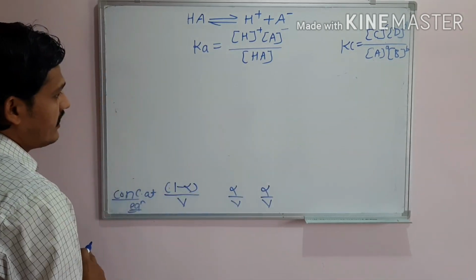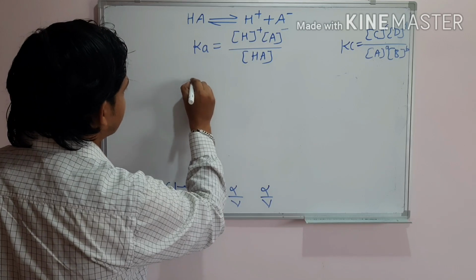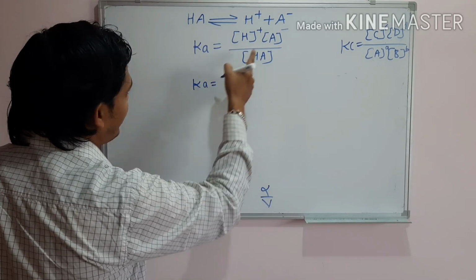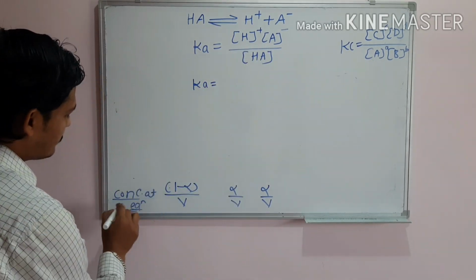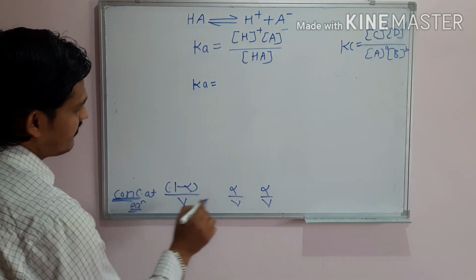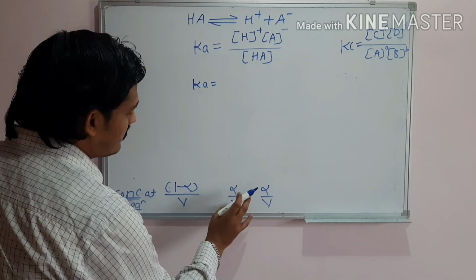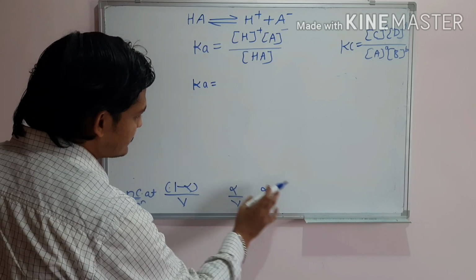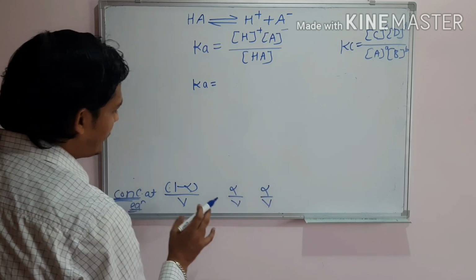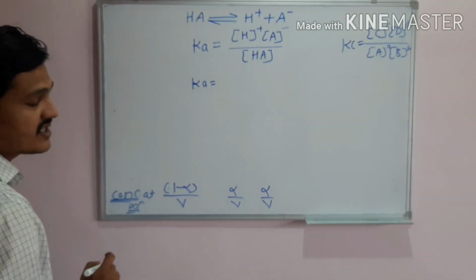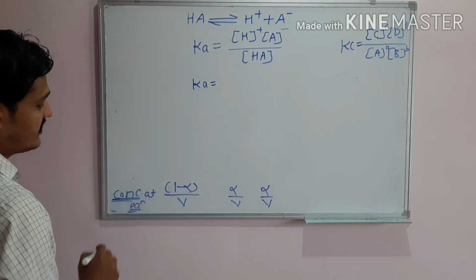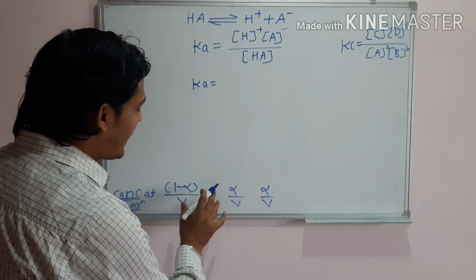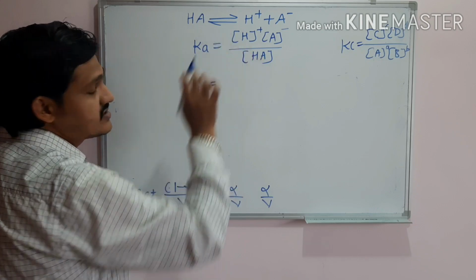Now point to be remembered, what is the value of H plus and A minus and HA? This is the concentration at equilibrium. The value of H plus and A minus is alpha divided by V, and reactant is 1 minus alpha upon V, because this is our final equation. So we have to add these values into this equation.